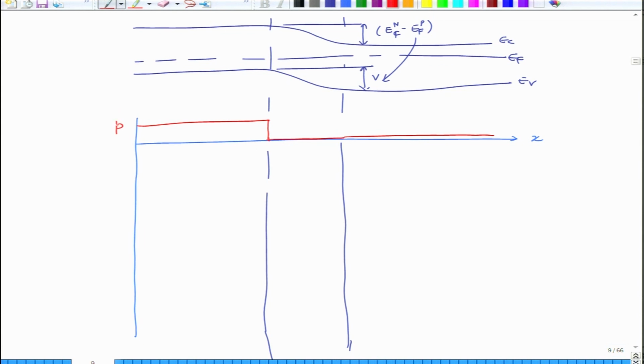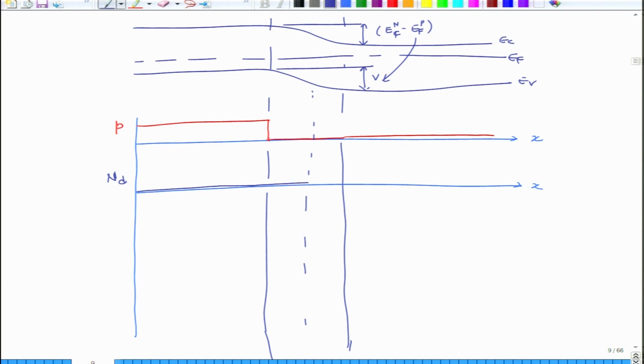So this is P. Now if you plot ND, ND is very large in this region, but this is the original interface.